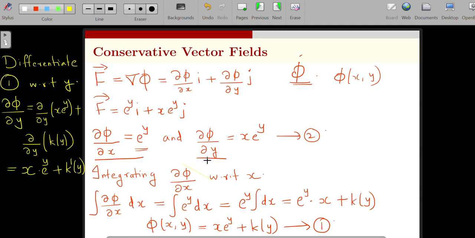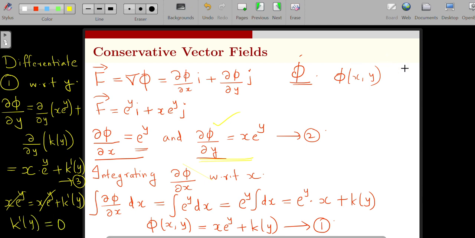But by equation 2 we already know that ∂φ/∂y is equal to x e^y. So if you write this as equation number 3, clubbing equations 2 and 3, you get x e^y equal to x e^y plus k'(y). Cancelling the similar terms, you will obtain k'(y) equal to 0.